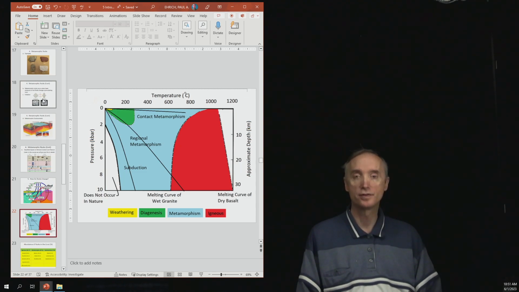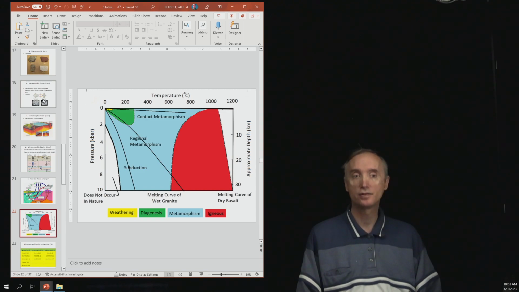Let's start off with the sedimentary rocks, and you'll notice that they form under conditions of low temperatures and low pressures. Now let's look at the igneous rocks. Igneous rocks form under conditions of very high temperatures, and they can form under conditions of low pressures up to very high pressures.